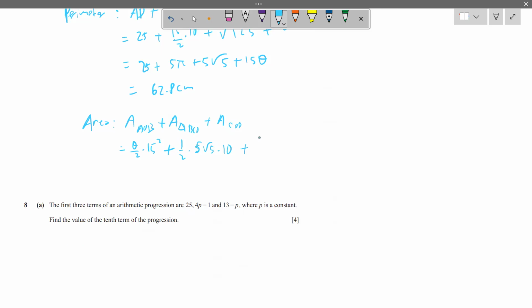It's going to be pi over 4 times 100, or 10 squared. So here, 225 over 2 theta plus 25 square root of 5 plus 25 pi.